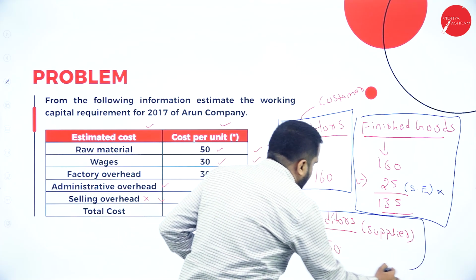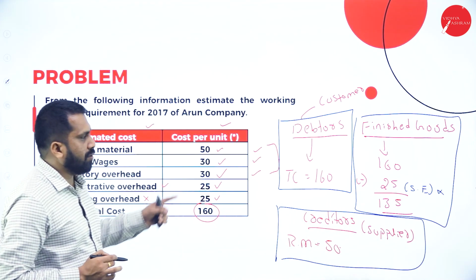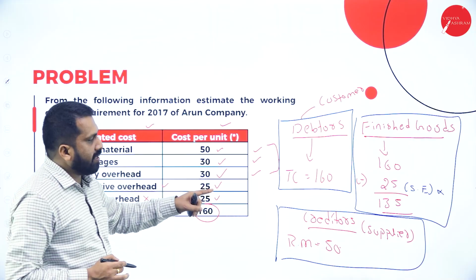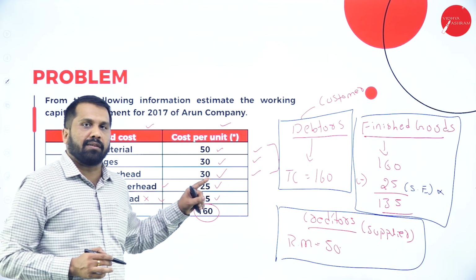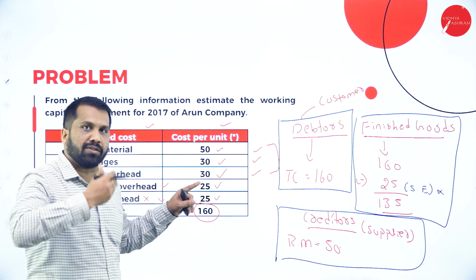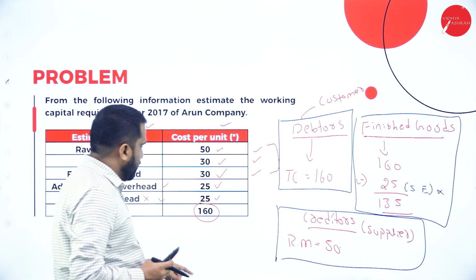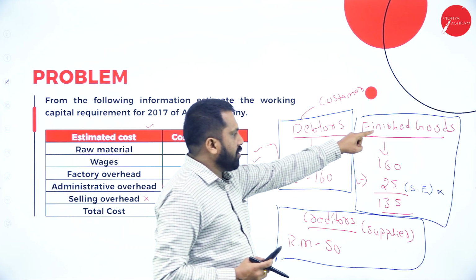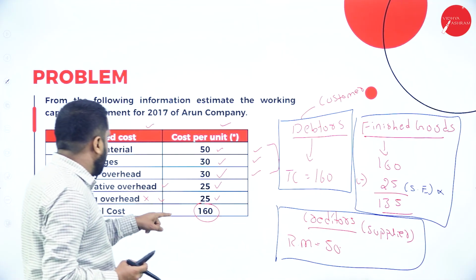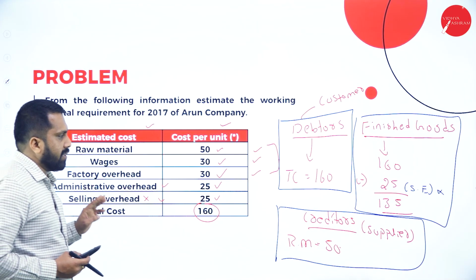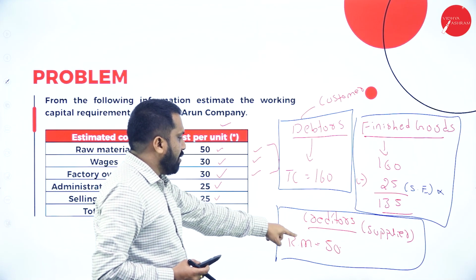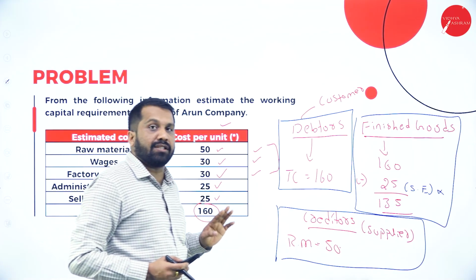Raw material price, that is 50. Hope you remember. These three things always you should remember. Again, I'll not explain while doing the problem. Cost of debtors, 160, total cost. Cost of finished goods, 135. We don't consider selling overhead. Creditors value, always raw material, it is 50.